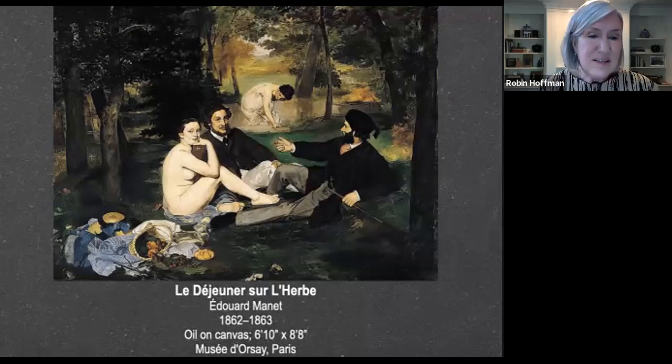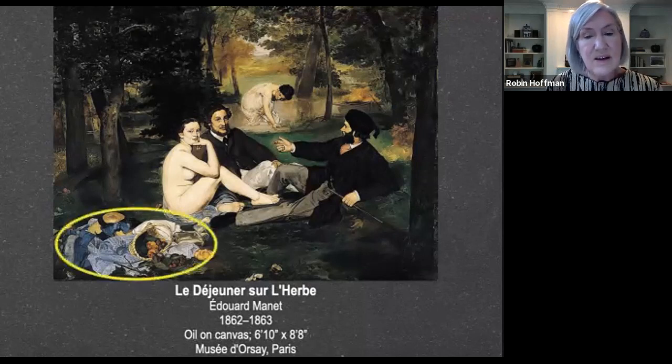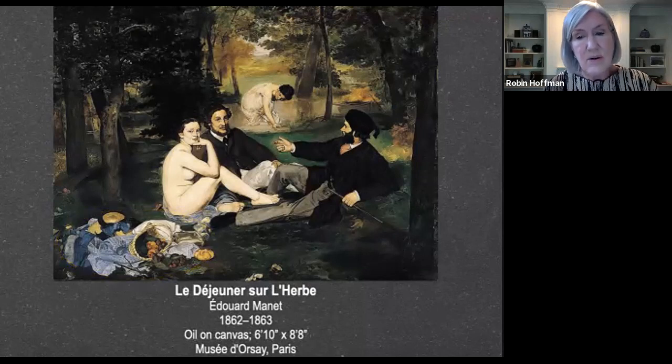Now, under the Salon system, there was still a strict hierarchy for different painting genres. This monumental painting combines genres. It features a group of human subjects, a natural landscape, and a basket of fruit still life in a quintessential art historical form, the Pastoral Respite.